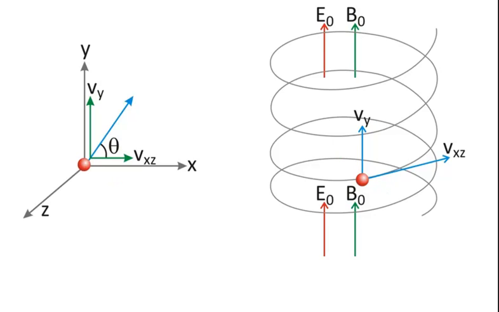It is a spiral because the component vx, or you can say vxz, will make it move in a circular fashion, and because it has some initial velocity vy and on top of it some acceleration ay also, the pitch will keep on increasing in the y direction. Now everything depends upon the angle theta.